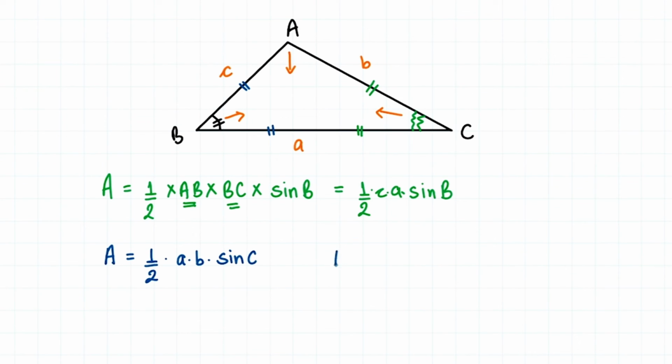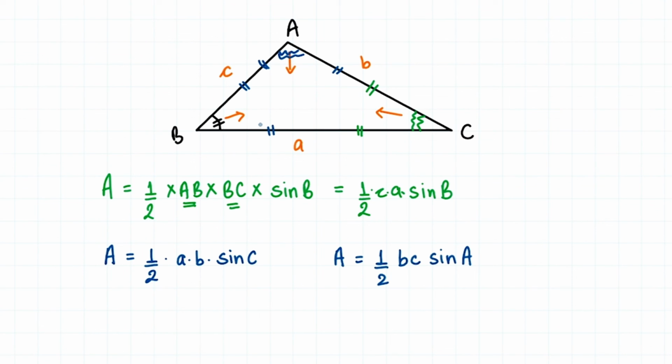So similarly, we can make another formula as 1 by 2, instead of CA and AB, we could write b and c, and then the sine is going to be A, okay? So if it's b and c, the angle they make up is this A, okay? So these three formulas can be used to find the area of a triangle when one of the angles is given and the two sides which make up that angle are also given in the question.